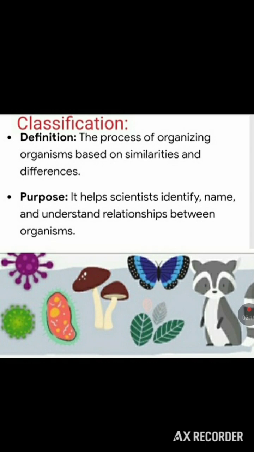Before discussing the kingdom system, firstly we have to know what classification is and what the purpose of classification is. Classification is the process of organizing organisms based on similarities and differences among the living organisms. And the purpose is to identify, to give a proper name, and make an understandable relationship between organisms.